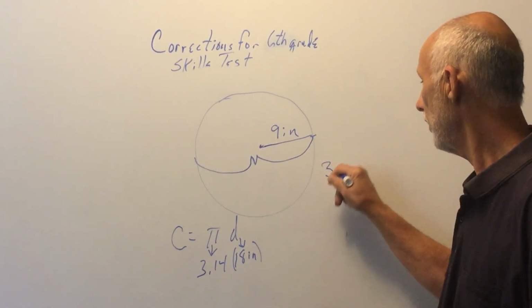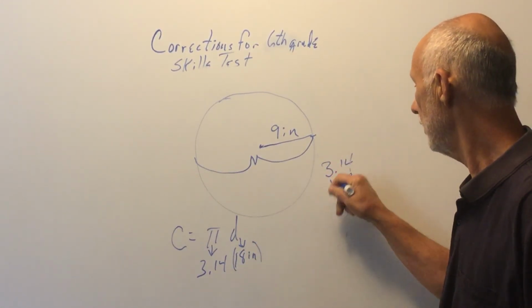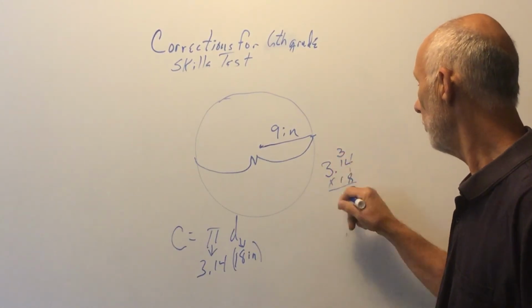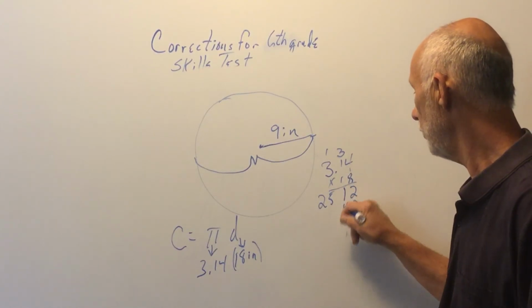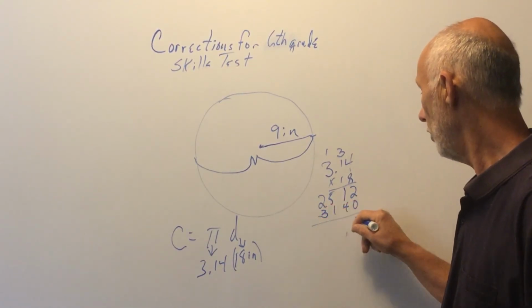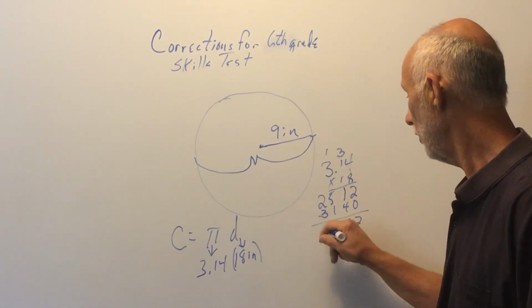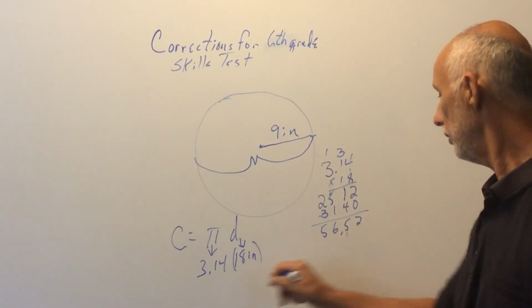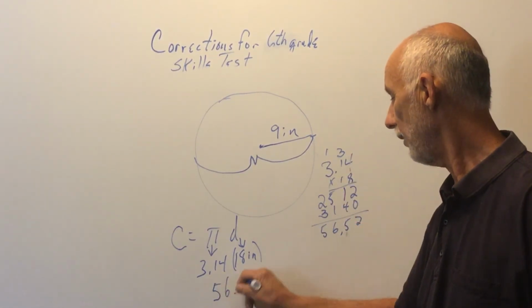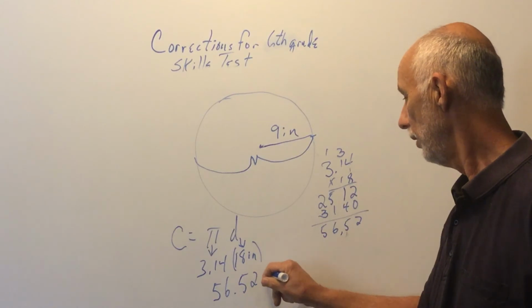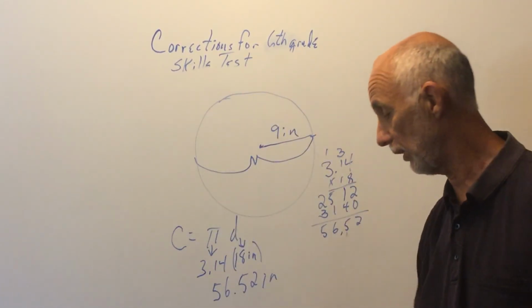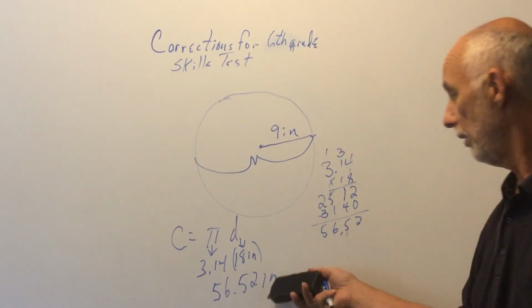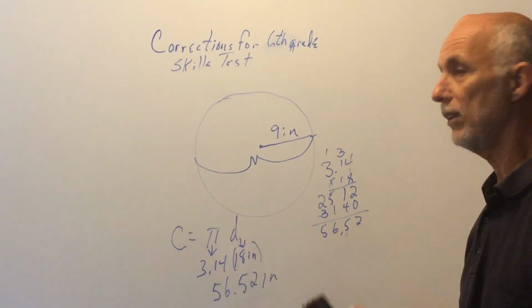And if you multiply 3.14 times 18, by the way, you don't have to multiply, because I told you you can use your calculator to do the computation, but I do have to multiply because I don't have a calculator here, and my answer is 56.52 inches. And circumference is a straight measurement around the outside, and that is approximately your answer, because pi is approximately 3.14.